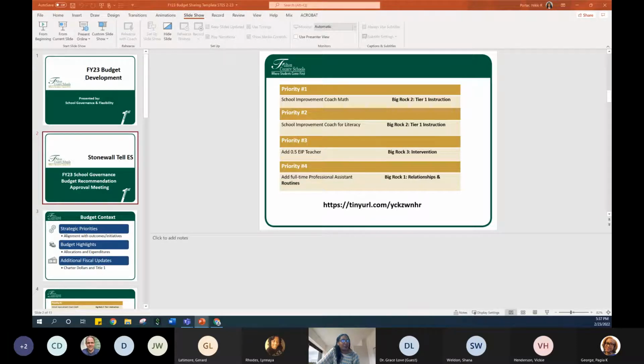We also purchased a 0.5 EIP teacher, in real time that looks like an EIP teacher, most often a retired employee or retired educator returning to work only half day. And I'll discuss that in a little more detail shortly. And then priority 4 was to add an additional professional assistant. We were only allotted one professional assistant for 10 months, and so we purchased a 10-month professional assistant to tie into relationships and routines.